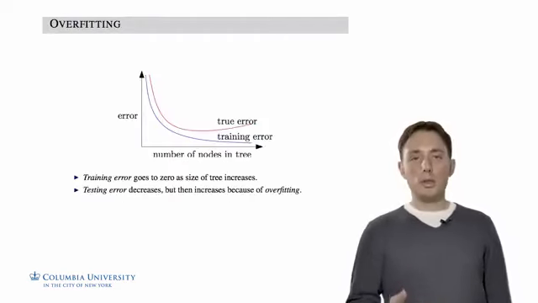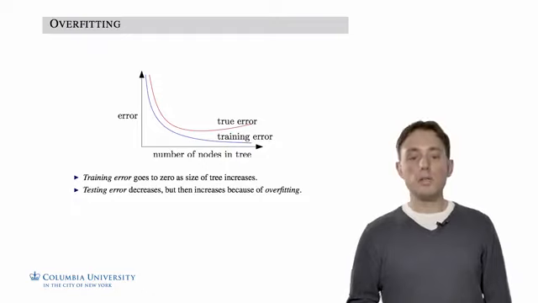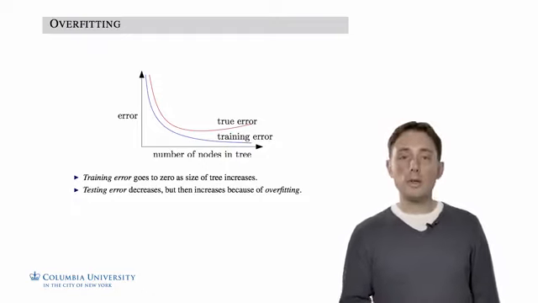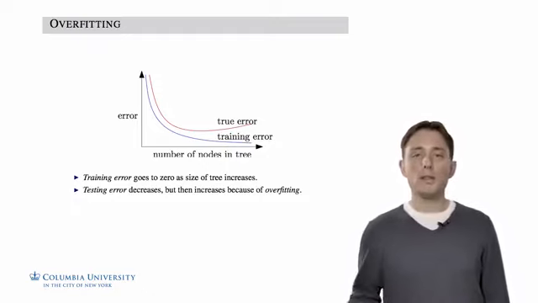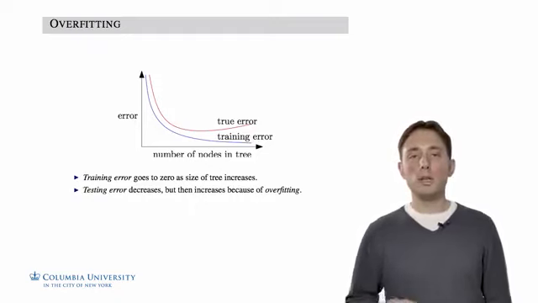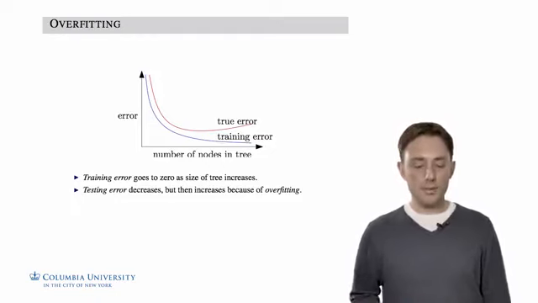Another problem with these regression and classification trees is the idea of overfitting. If we grow a tree out too big, we can eventually partition the input space into enough regions where we perfectly classify or perfectly predict everything.